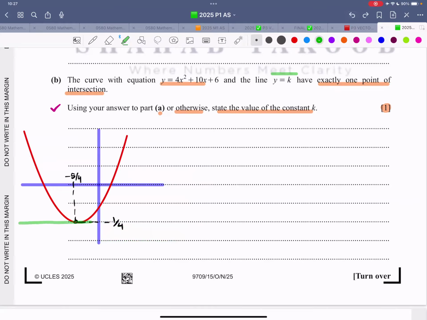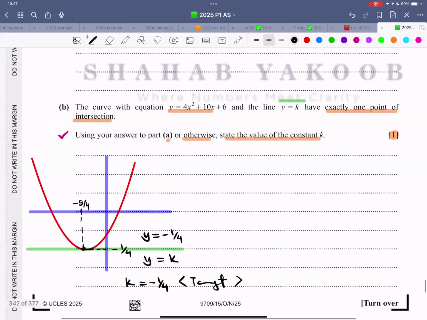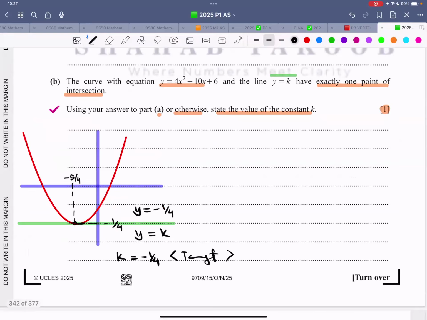So that 1 point is the tangent. So therefore, the value of k, y is equal to negative 1/4, y is equal to k. So the value of k is negative 1/4. At this point, it is tangent to the curve. 1 point of intersection means tangent. So that is using the answer of part A.